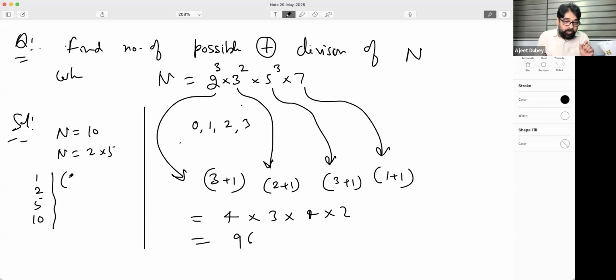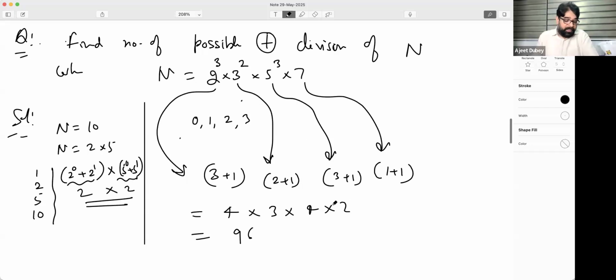Either no 2, meaning 2 power 0, will come, or one 2 will come. And, multiplication, either 0 fives will come, or one 5 will come. So this can happen 2 ways, and this can happen 2 ways. So 2 into 2, 4 possible divisors will be there.